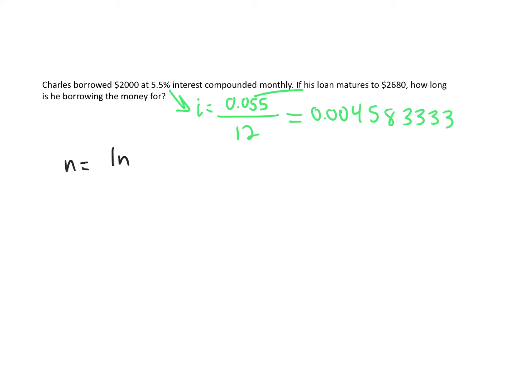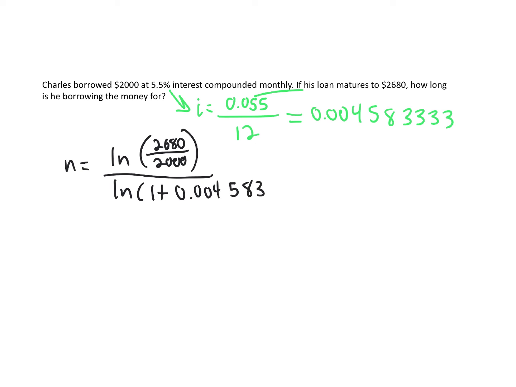So ln of the 2680 over 2000 divided by ln of 1 plus our I. Put this in your calculator and we will get 64.0014.